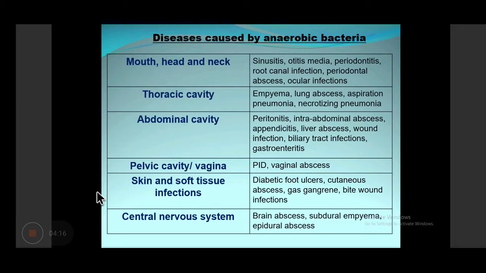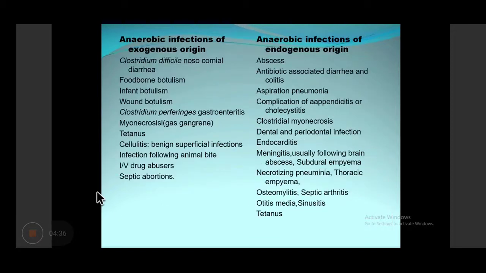If the ear is affected, otitis media, otitis externa, or dental involvement, or there is pus or inflammatory infection. So abscess like liver abscess, lung abscess, ocular infection, any abscess, or any gangrene. The later stage is gangrene.